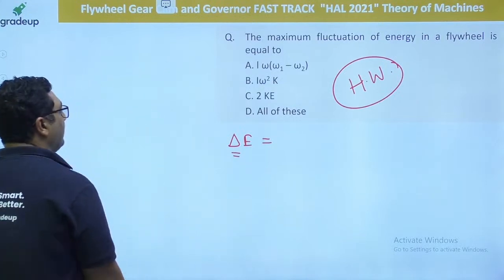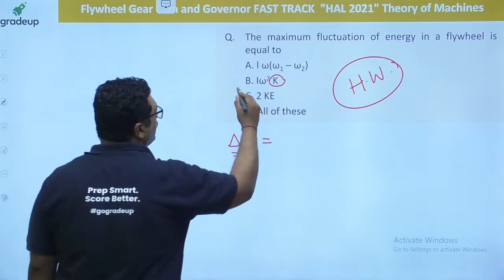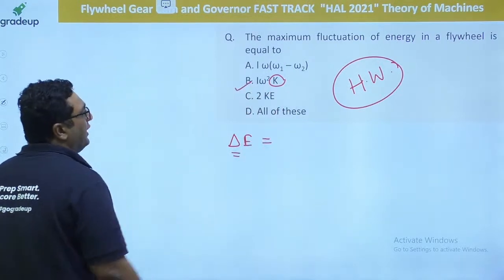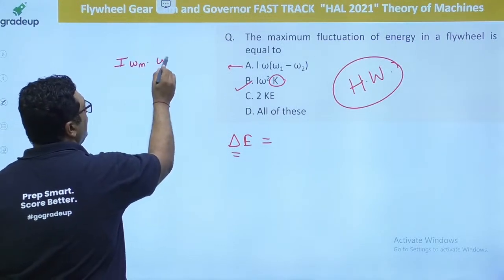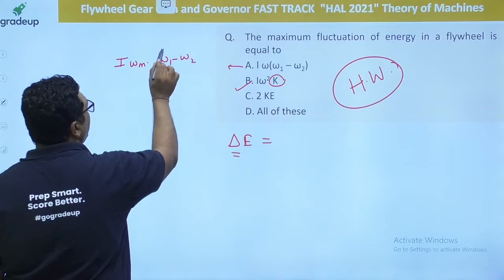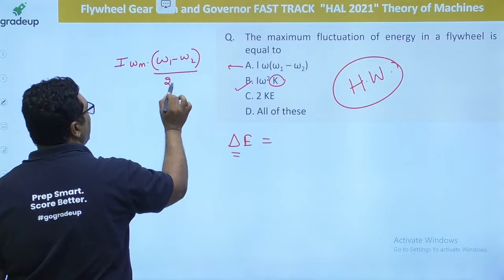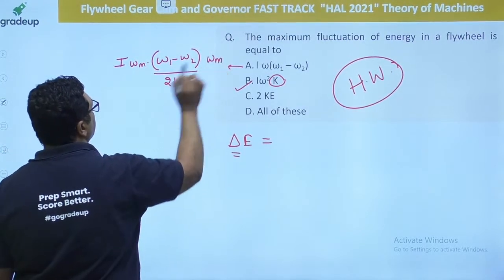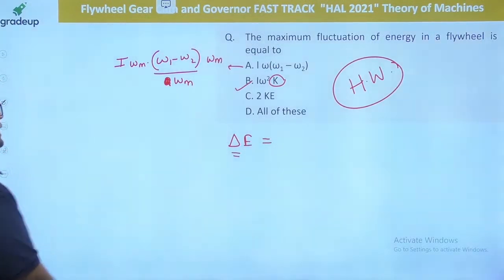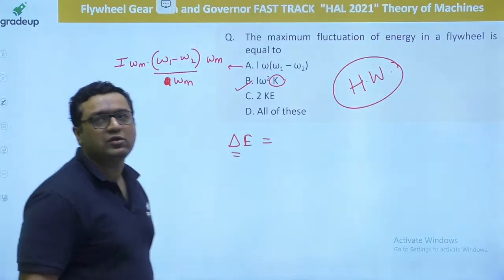K is the coefficient of fluctuation of speed, and many of you may be saying this is the answer. But if you see this, it is I omega mean into omega 1 minus omega 2. If you divide by omega mean and multiply by omega mean, you see whether you are getting the same I omega square CS. If yes, then the answer will be D.